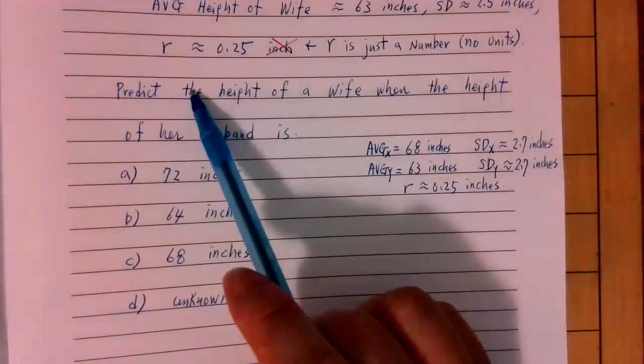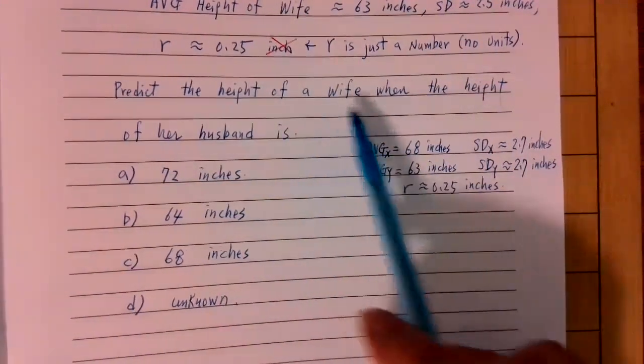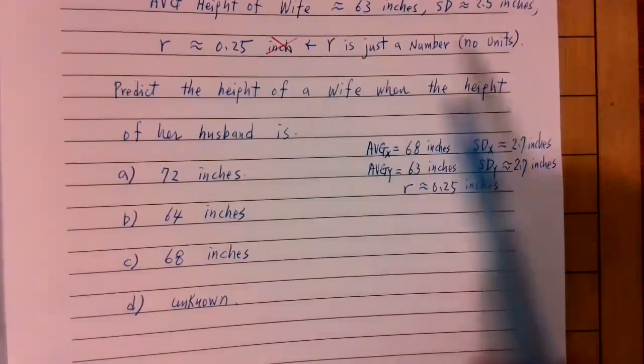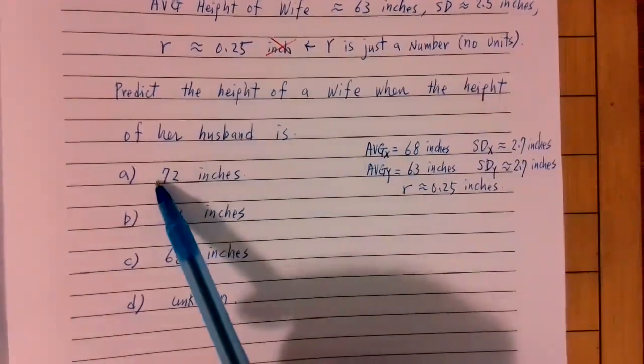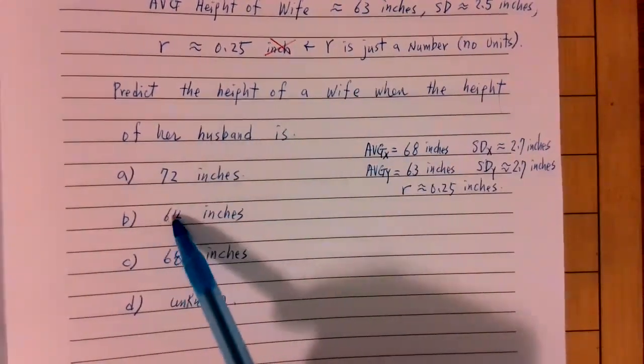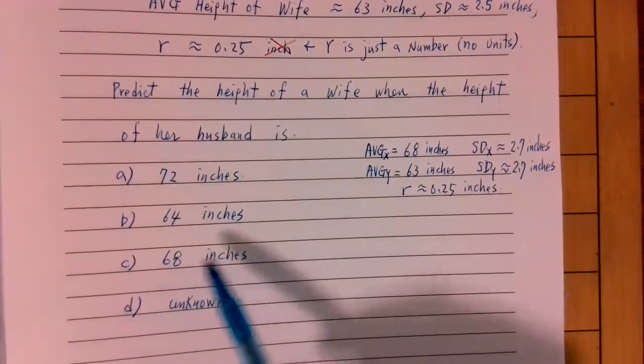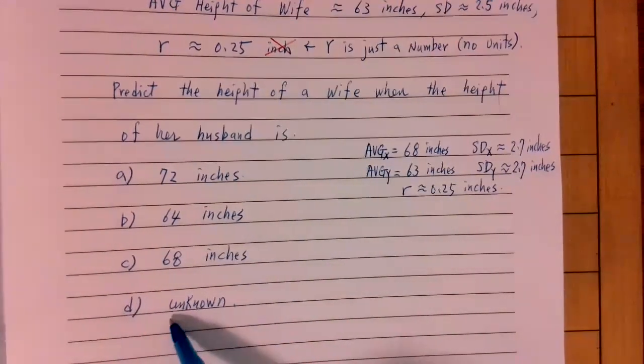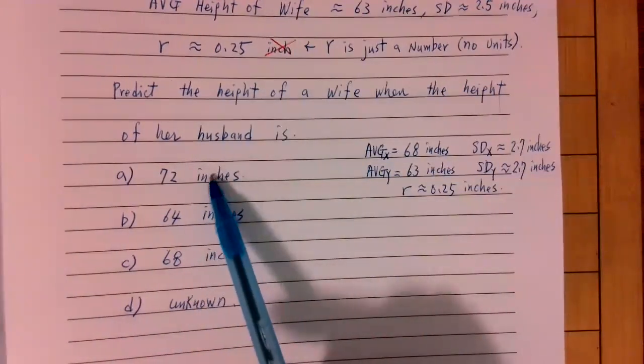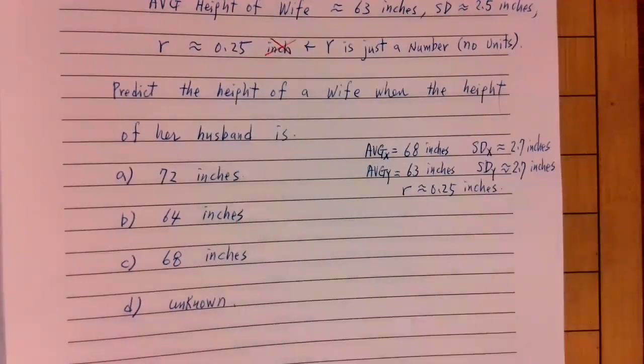We want to predict the height of a wife when the height of her husband is 72 inches tall, 64 inches tall, 68 inches tall, or unknown. How can we predict the wife's height? Let's begin with 72 inches tall, okay?